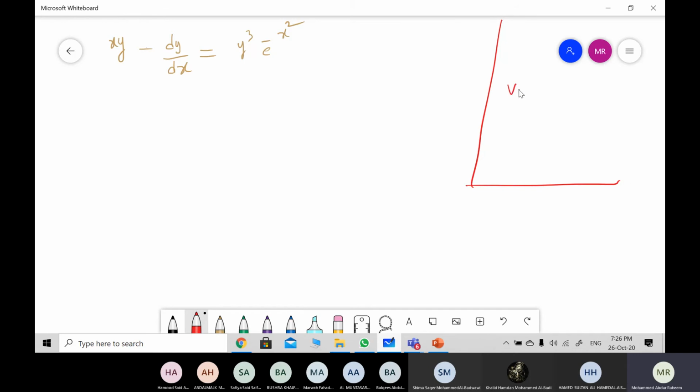The first method was variable separable. Is it applicable? Yes, we can separate. Maybe. Okay, I will try. For that, we need to write this side with a change of sign. Like this. Agree? Yes. Now try cross multiplication. Okay.